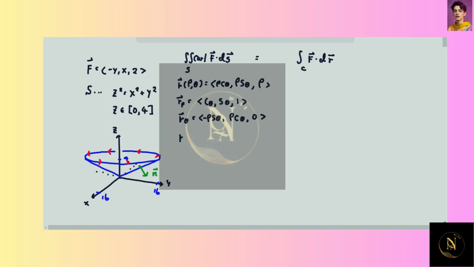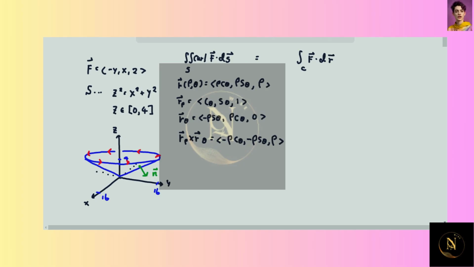Okay, now let's take a look at the cross product. Negative rho cosine theta, negative rho sine theta, comma rho.